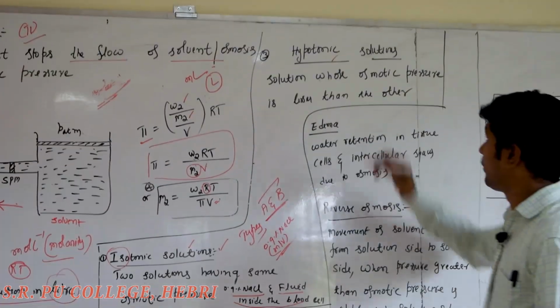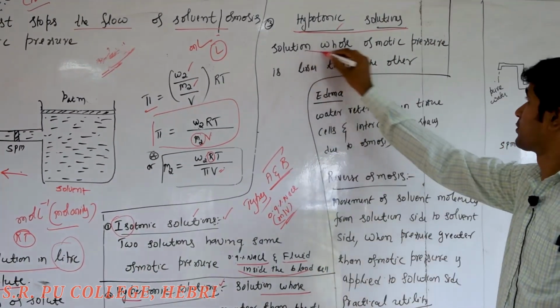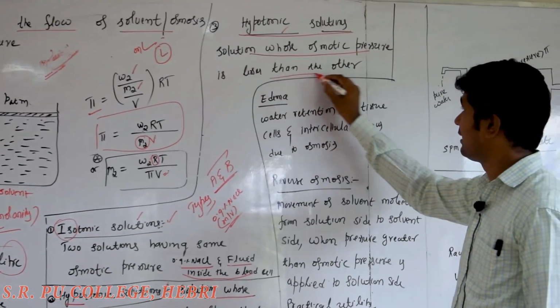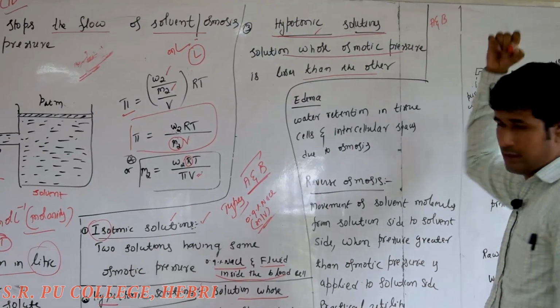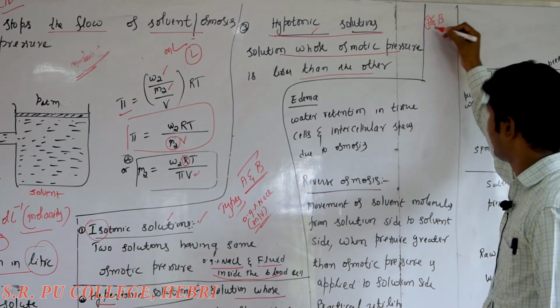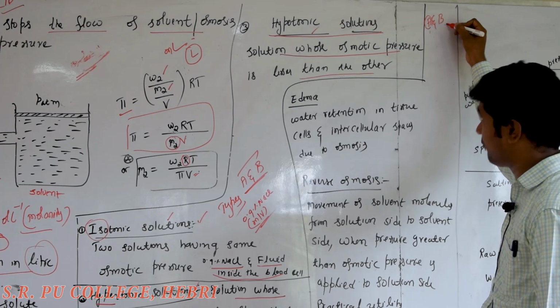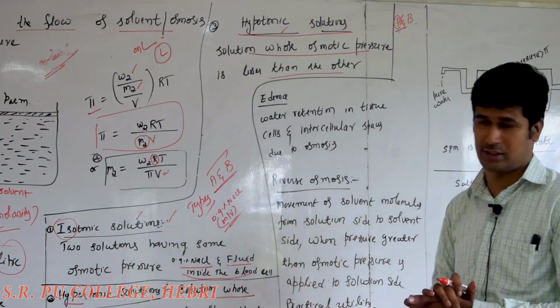Next, hypotonic solutions. What are hypotonic solutions? Solution whose osmotic pressure is less than the other. Again, you take solutions A and B. If the osmotic pressure of A is less than that of B, then it is a hypotonic solution.